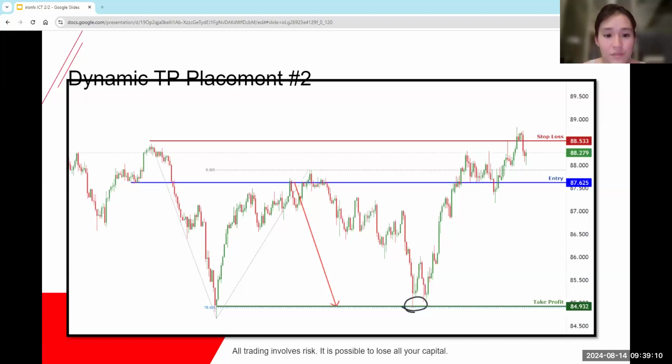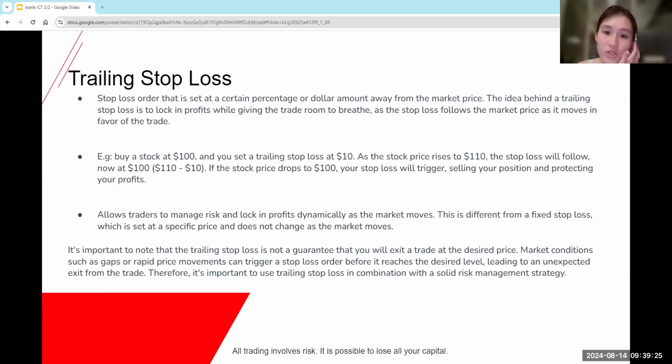Okay. So now that we've talked about dynamic take profit and dynamic stop loss placement, let's talk a bit about the different kinds of momentum indicators that you can use for your stop loss. So let's talk about trailing stop loss. It's a type of stop loss order that is set at a certain percentage or dollar amount away from the market price.